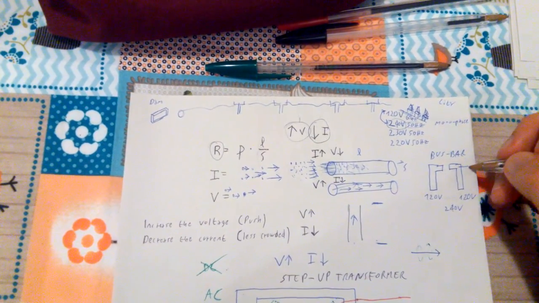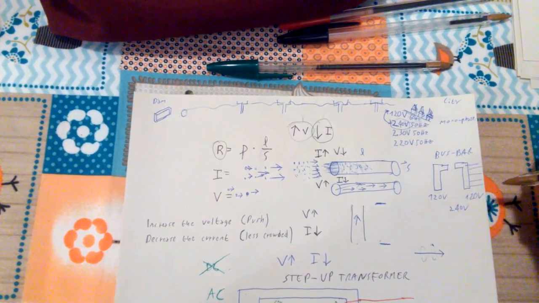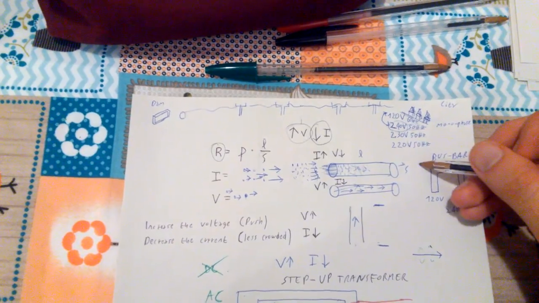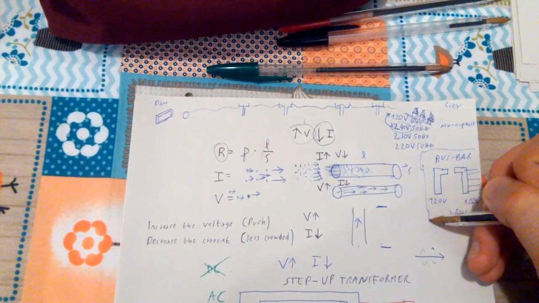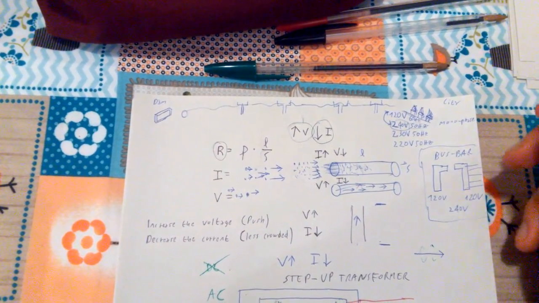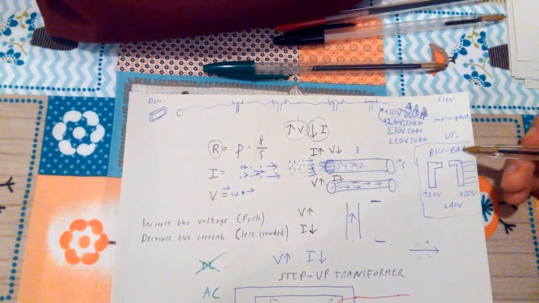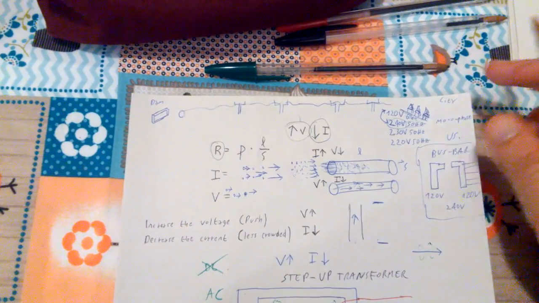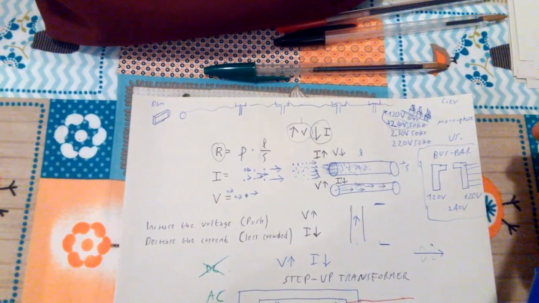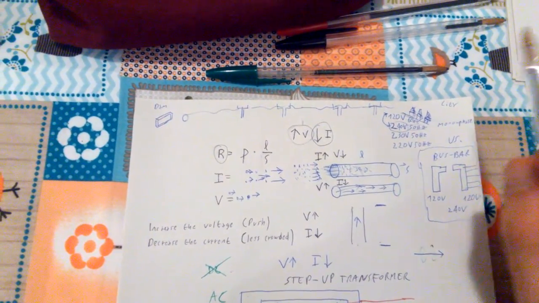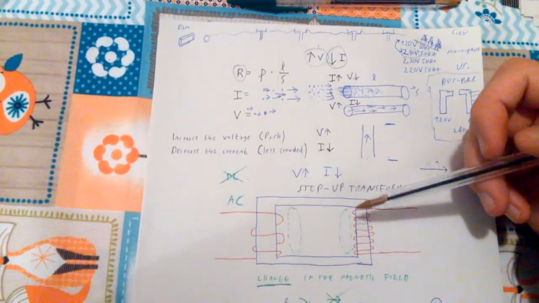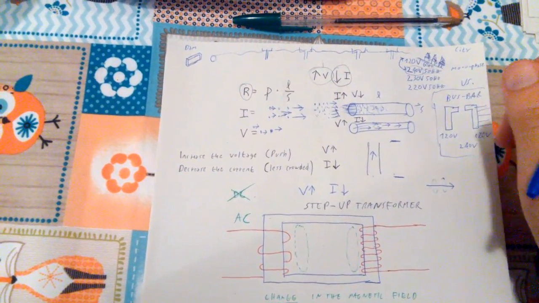You do have elements connected to the 120 and so on, but different things happen in the households in the US. But I'm not gonna talk about this here, otherwise it's gonna be like a 1 hour long video, and I don't want that. So just keep in mind that this is how a transformer works.